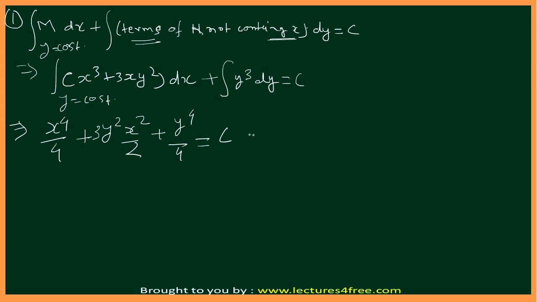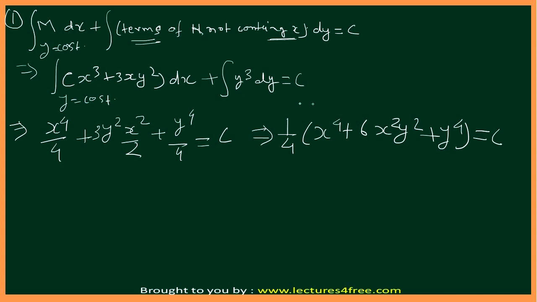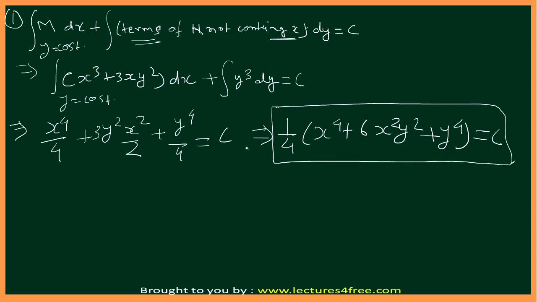Taking 1/4 common, you will get x⁴ plus 6x²y² plus y⁴, and this is equal to c. So this is your final answer.